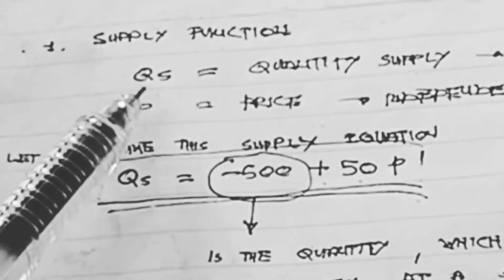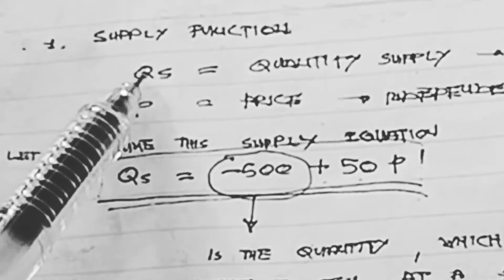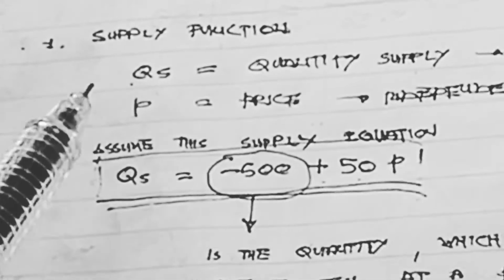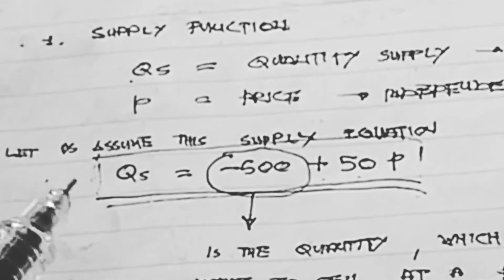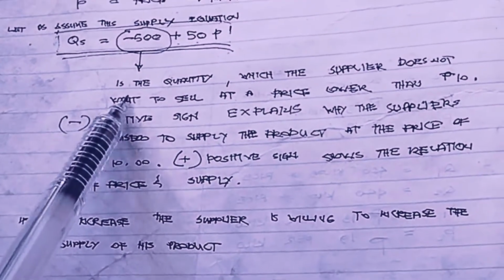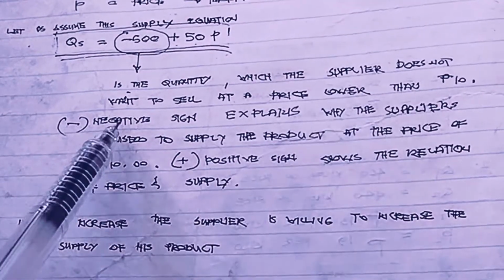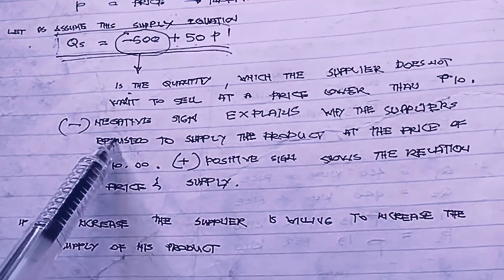Let's have first here our x variable: QS is the dependent variable while P is our independent variable. The negative 500 is the quantity which the supplier does not want to sell at a price lower than 10.